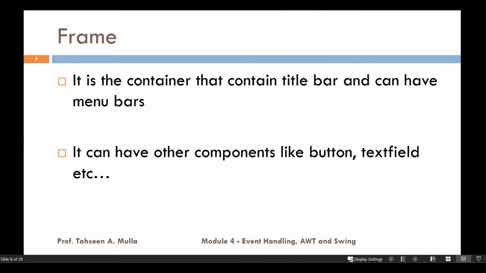Whereas a frame, comparatively talking about window and frame, is a container that contains a title bar and can have menu bars, right? So this is the opposite of window. You cannot have a title bar or a menu bar in the window, but here in frame you can have it, and also you can add other components like buttons, text fields, labels, etc. So all these components can be added via a frame also, right?